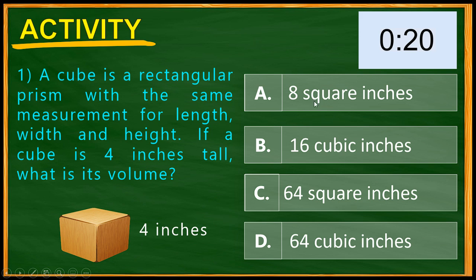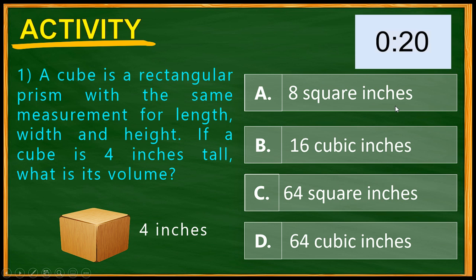For letter A, we have 8 square inches. Letter B, 16 cubic inches. Letter C, 64 square inches. And letter D, 64 cubic inches. You have 20 seconds. Your timer starts now.